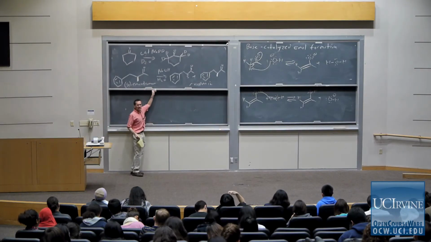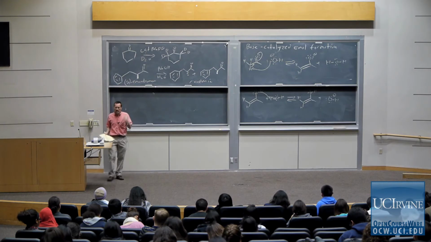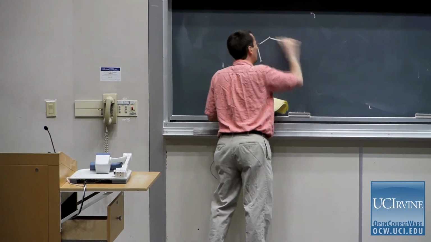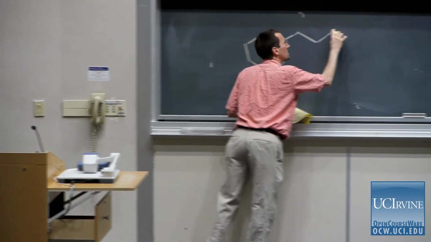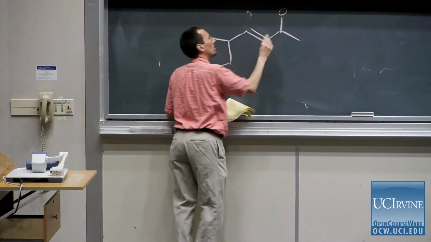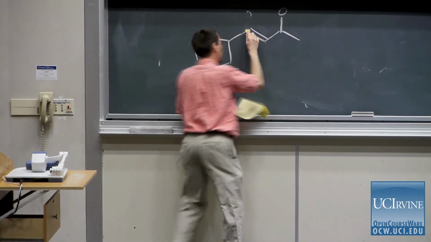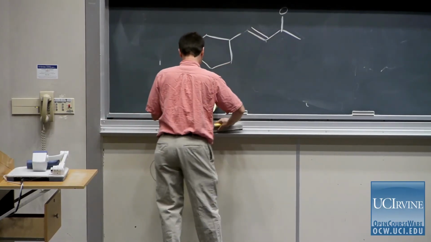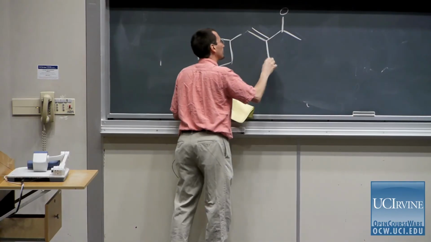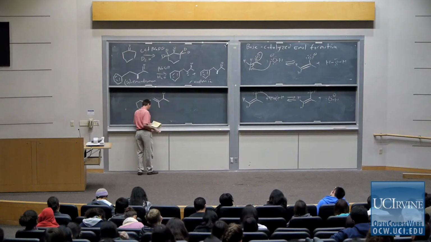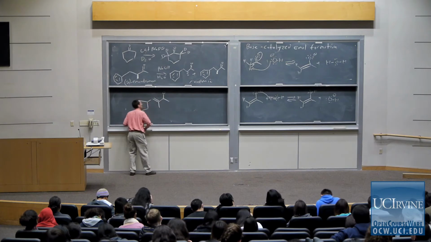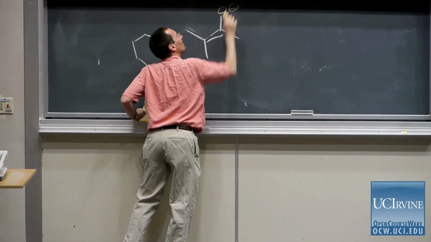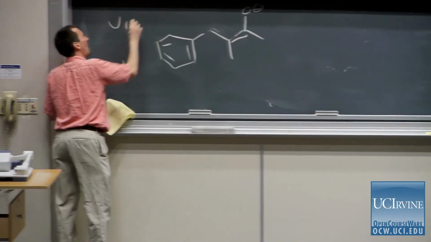What's happening here in this latter example? We're forming little bits of the enolate repeatedly. The enolate is flat. The enolate loses its chirality. I will say that we go via this.